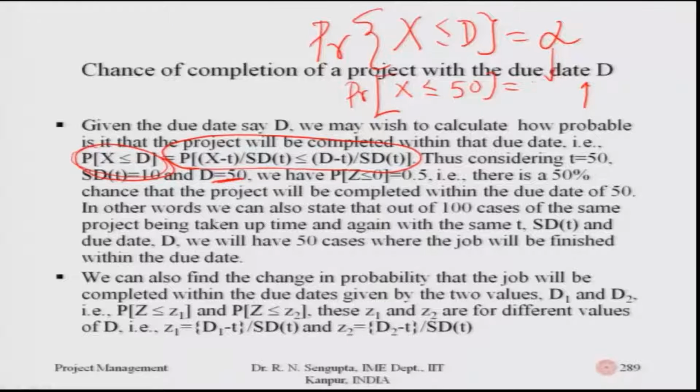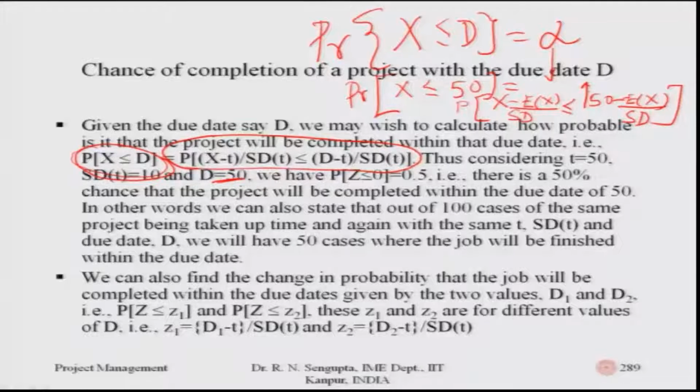I want to find this out. So, what I need is probability of x minus its expected value divided by the standard deviation less than or equal to 50 minus the expected value divided by the standard deviation.